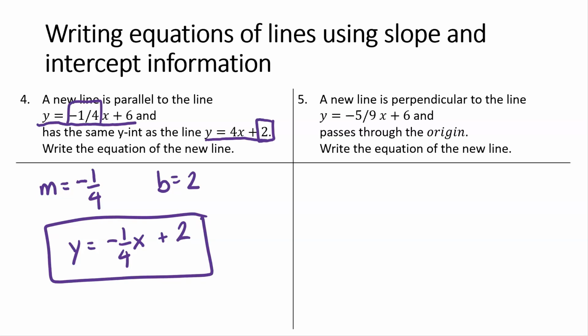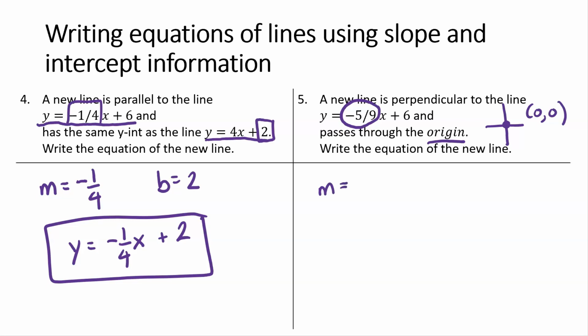How about number 5? Number 5 says the new line is going to be perpendicular to y equals -5 over 9 x plus 6. So we'll have to do something with that slope. And it passes through the origin. Remember, the origin is the point 0, 0. So with the origin, your x-intercept and your y-intercept are both 0. So what should your slope be?